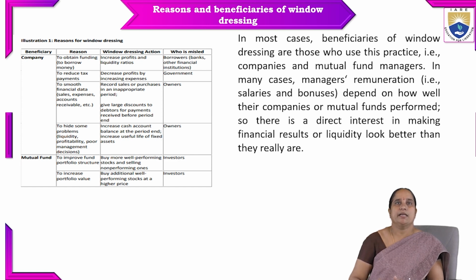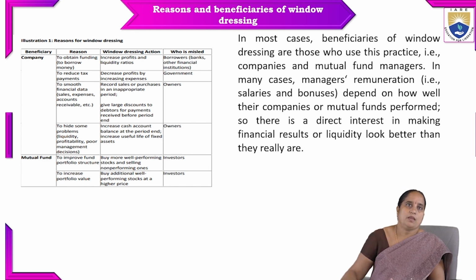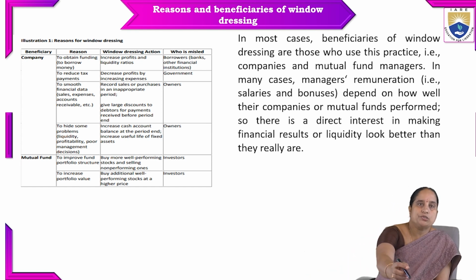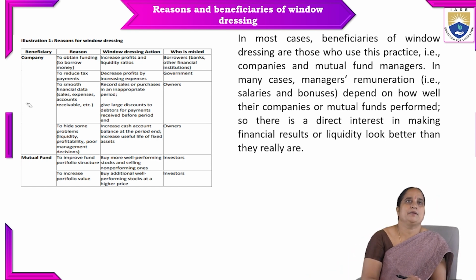So there is a direct interest in making financial results or liquidity look better than they really are. If you see this particular table, the beneficiary, if you are taking it as company, why do these companies go for window dressing? The reason is to obtain funding.